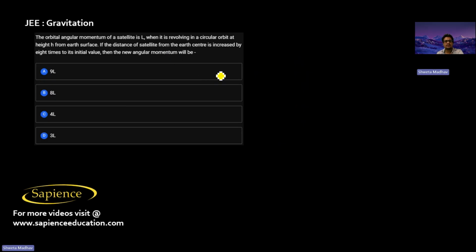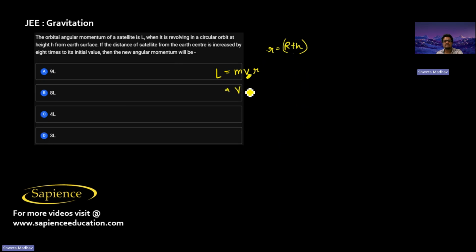So we know that the angular momentum will be equal to m v naught into r, so here it is L. Here r is at a height h, so r is equal to R plus h.